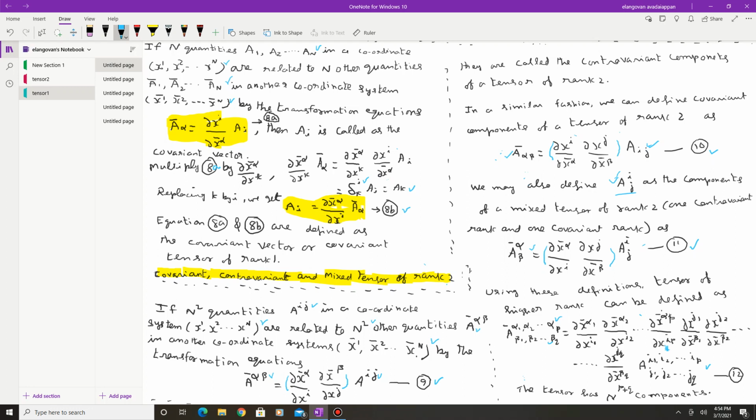So equation 12 represents the transformation relation for a tensor whose contravariant rank is p and covariant rank is q, and the total number of components is n to the power p plus q.